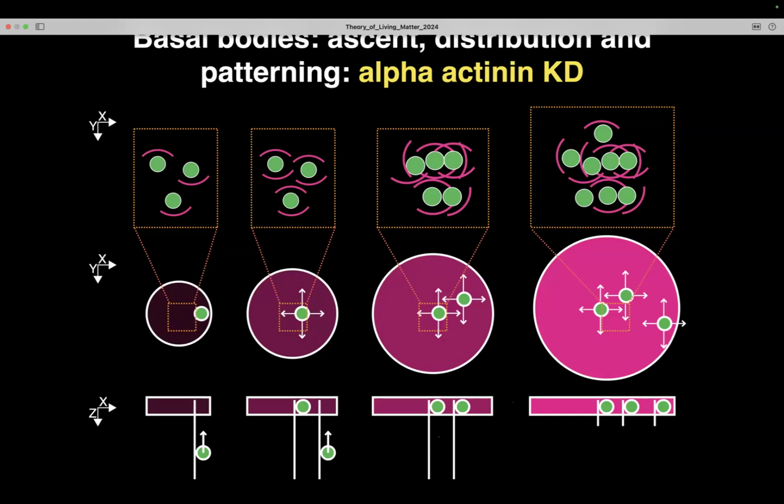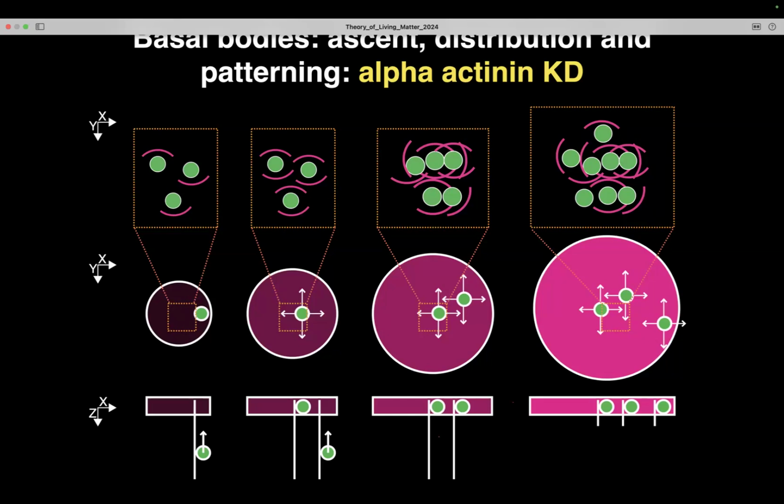Now the situation is a little bit different when it comes to the alpha-actinin morphants, when we knock down this crosslinker. There are not so many changes when it comes to the insertion of these basal bodies towards the apical site. We still see a normal ratio between the number of basal bodies and the size of the apical domain. What is mostly happening is that there is no cross-linking of the actin network.